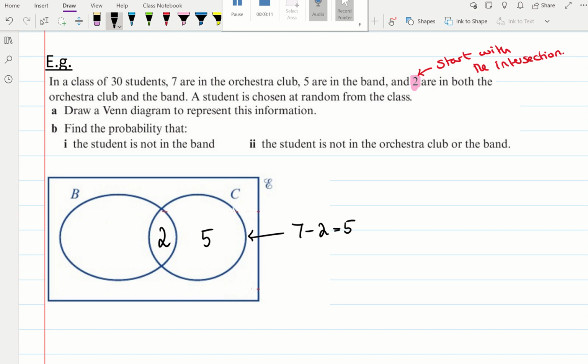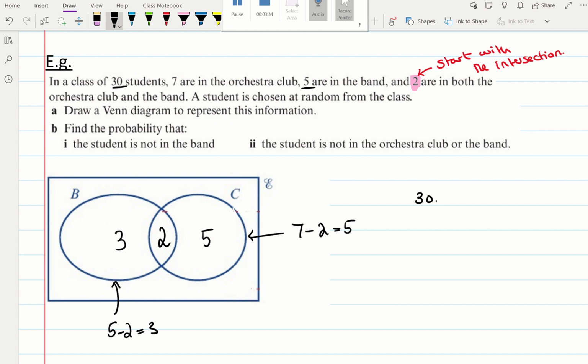And I'm going to do the same with band. There are 5 people in band, but I've already got 2 of them. So 5 minus 2 is 3, and it's 3 people who only do band. Now it's very clear that there are 30 students and there's 10 in the Venn diagram.